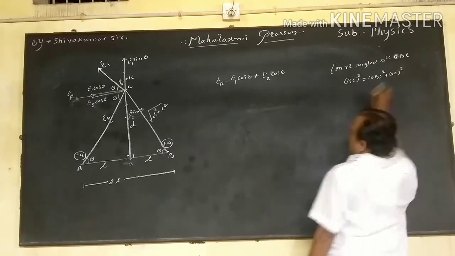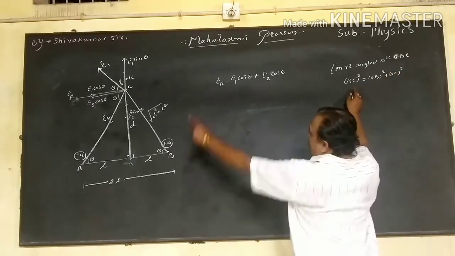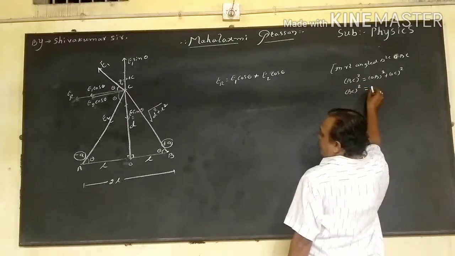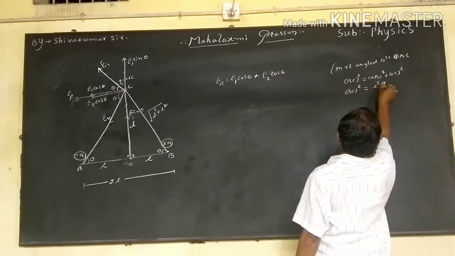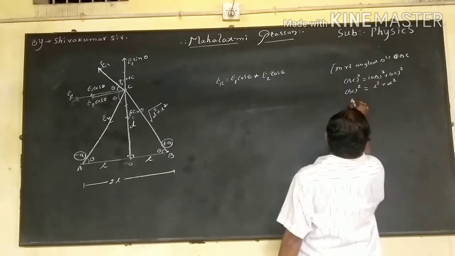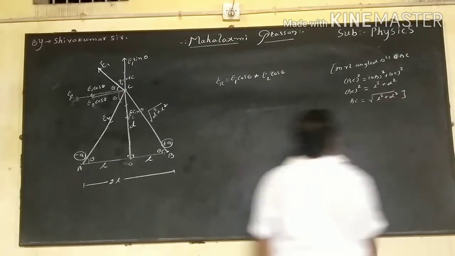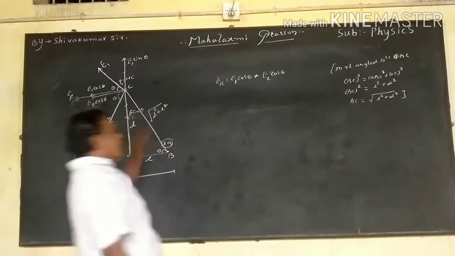Is it clear? So I need BC square. OB square is nothing but L square, and OC is D, so D square. I need BC. BC equals under root of L square plus D square. Is it clear? I have written it directly here.